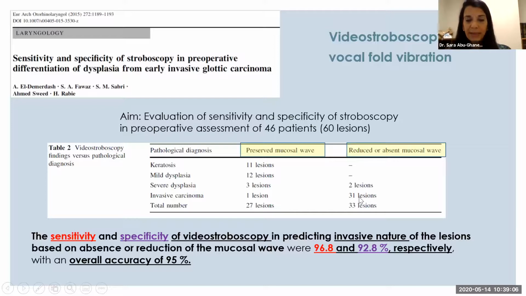And as expected, they saw higher rates of malignancy or invasive carcinoma in the patients with reduced or absent mucosal wave. Their sensitivity and specificity, as you can see listed here, 96% and 93%, are fairly high. And they summarize the overall accuracy of stroboscopy in prediction at 95%.